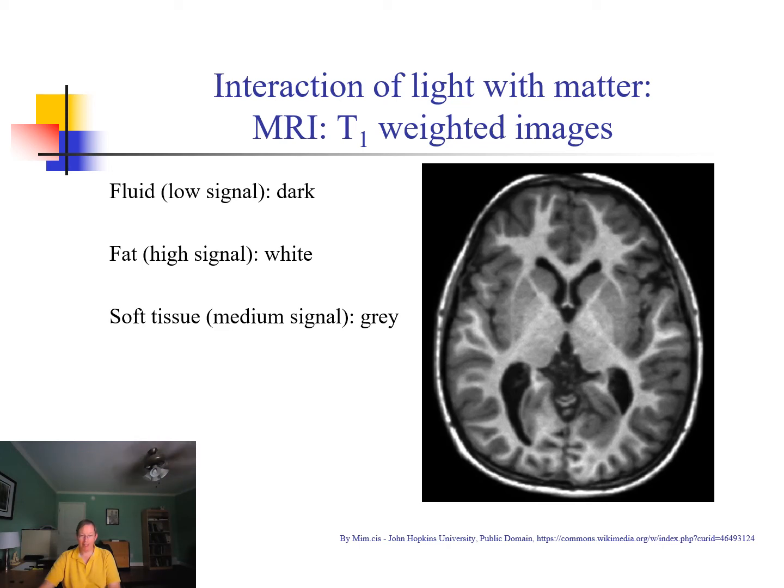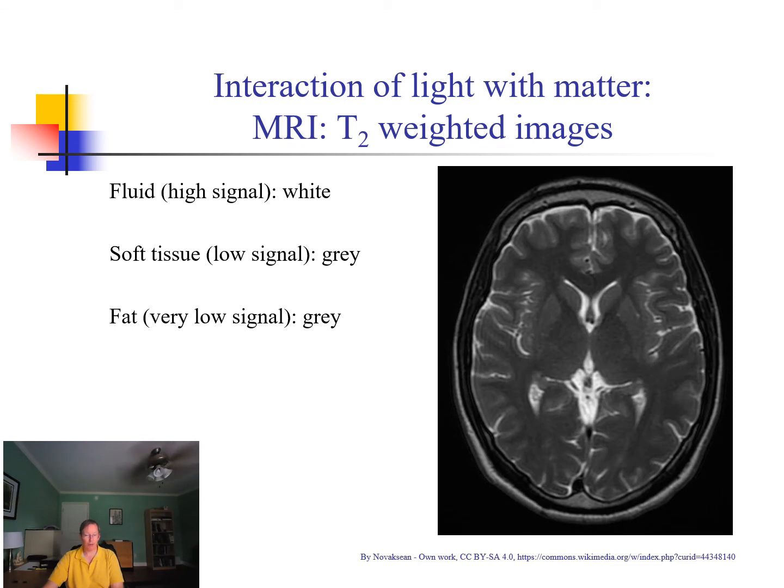And then you have soft tissue, or in this case, the cortex, which is shown here in gray. What's this white area right here? Well, if you said bone, that's wrong. This is MRI. This is fat. It has nothing to do with what the CT images that I was showing you earlier were.